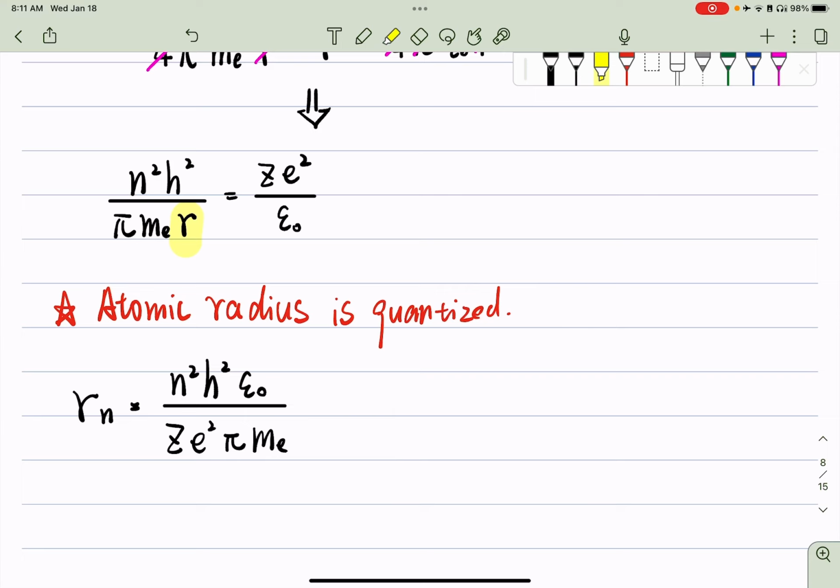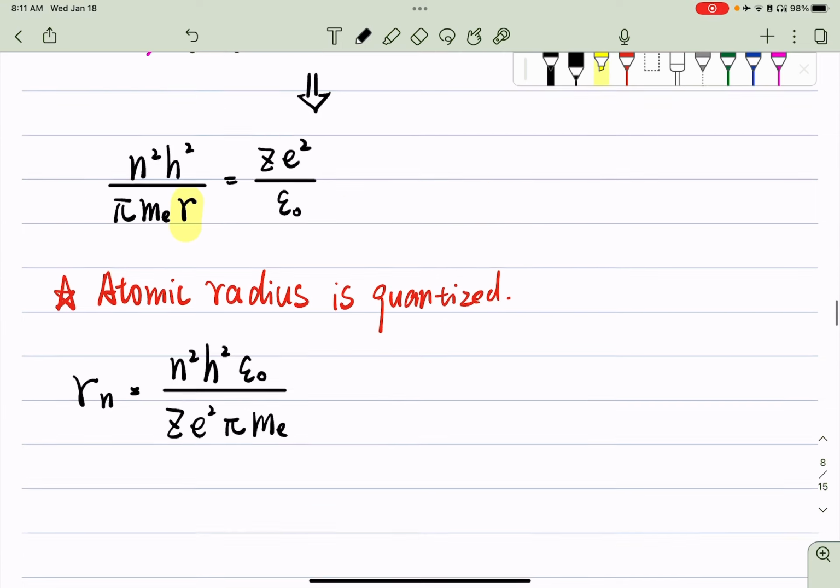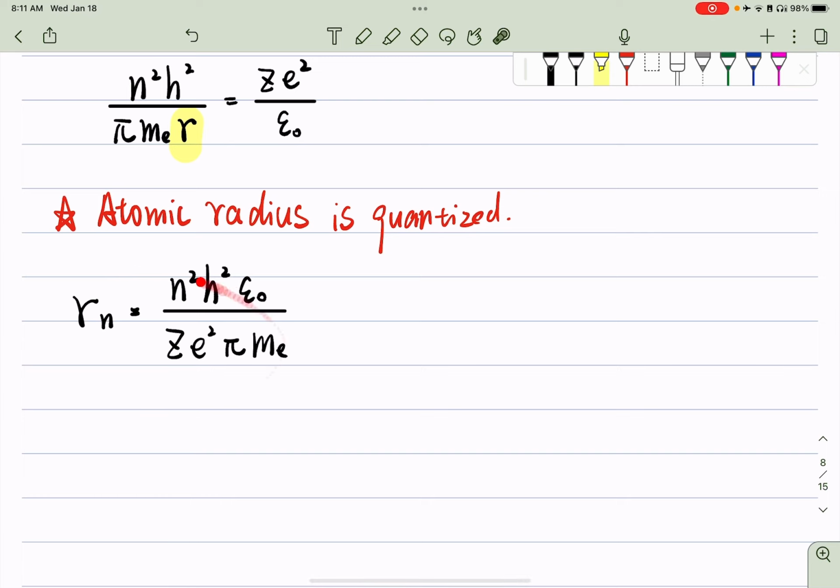All right, so in this case, we have our Bohr radius, our equation for the atomic radius using the Bohr model. In this case, n equals 1, 2, 3, etc. This is our equation 11.